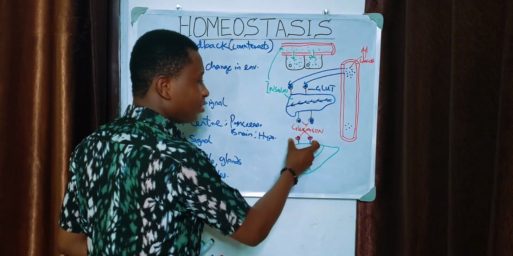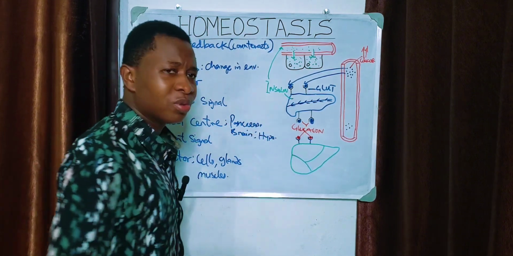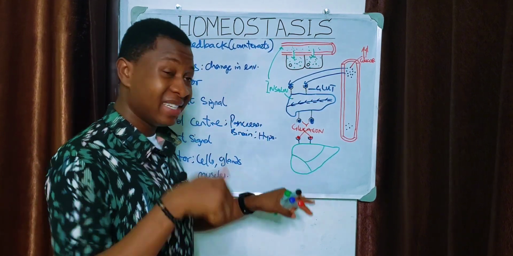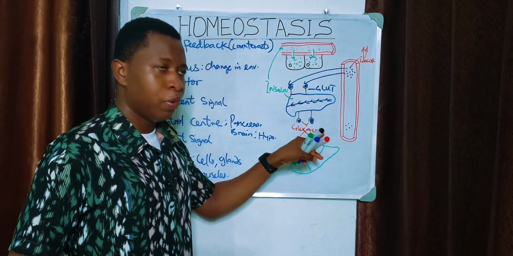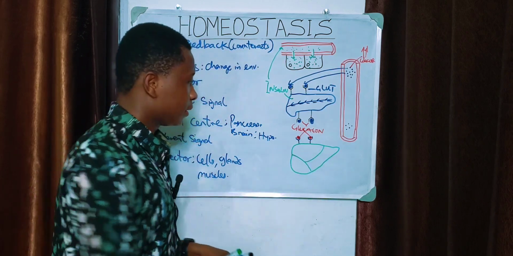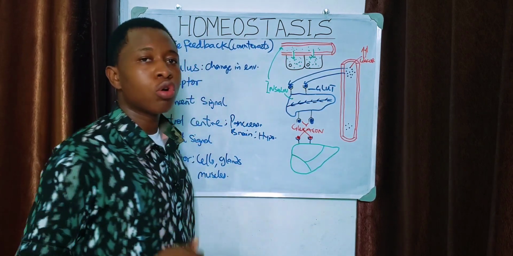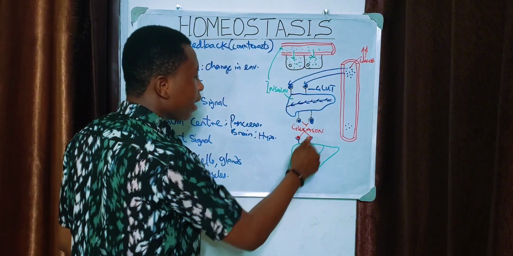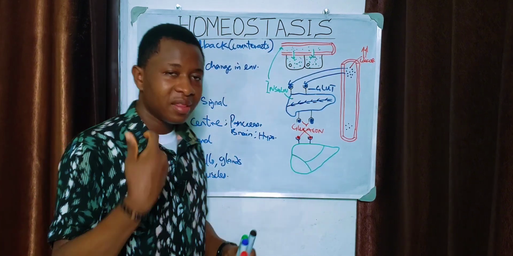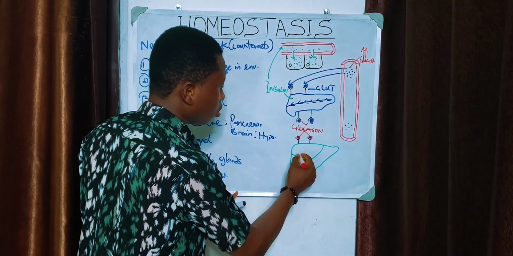So when it is trapped by the receptors of the liver, what does it do? It tells the liver, oh, we have a decrease in blood glucose. So what you should do is make more glucose. So the glucagon helps the liver to synthesize more glucose.